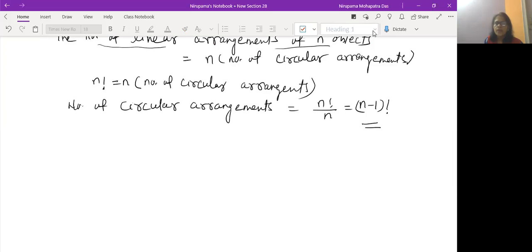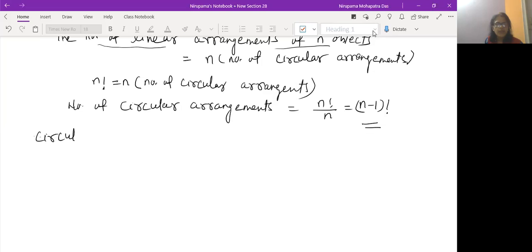Now here you see, whenever we are arranging the persons in a round table, so A, B, C, D. But if we look at the other way, we do not get the same arrangement. But in case of the other cases, you can say circular arrangement of type 2.